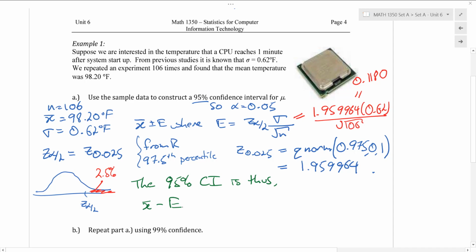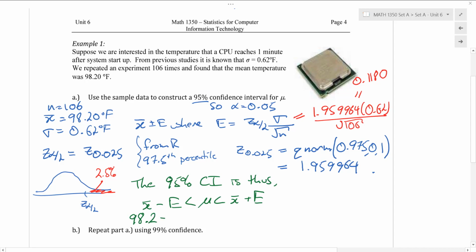Feel free to do that. So this can be written in many ways. We were writing it with plus or minus earlier. We can write it using the inequalities down here. So this is the general form. Typically you would compute this out.